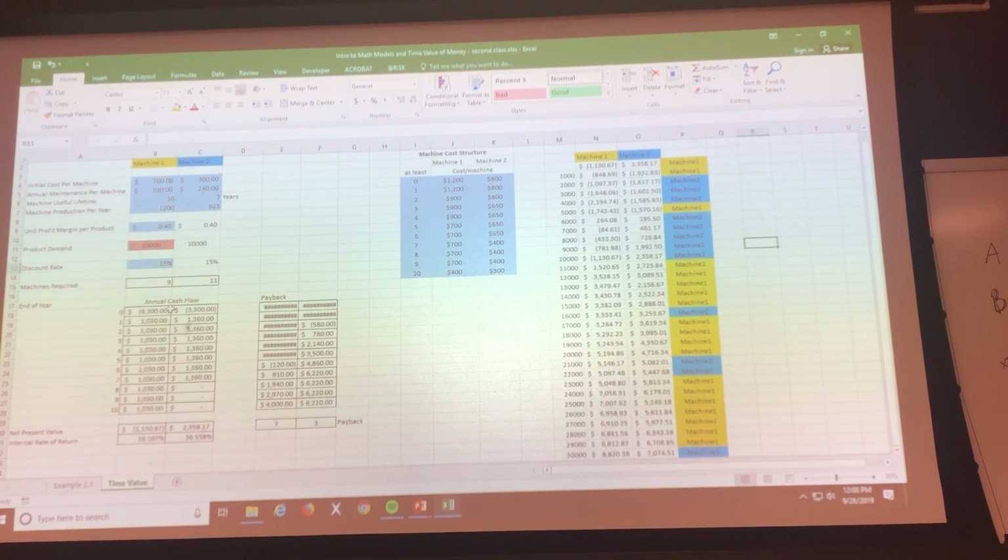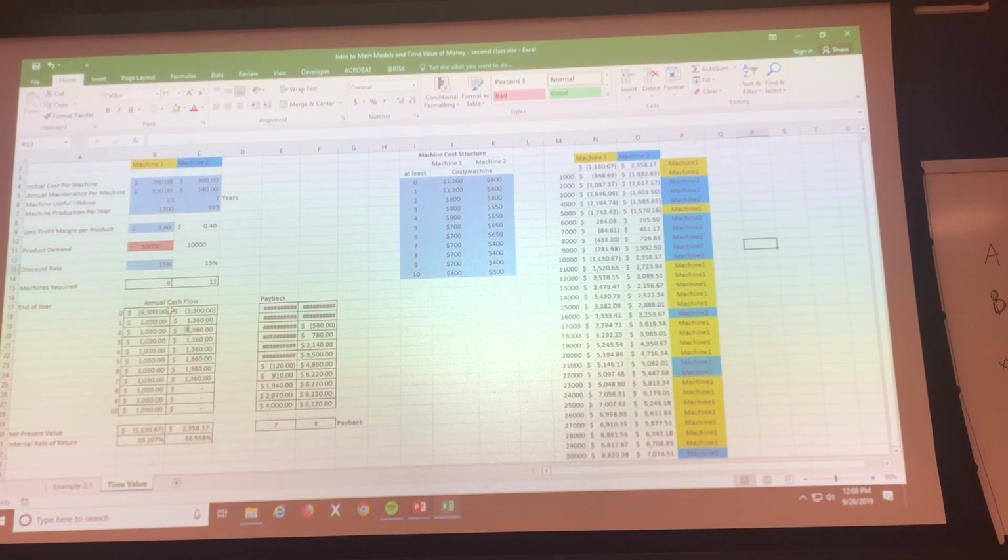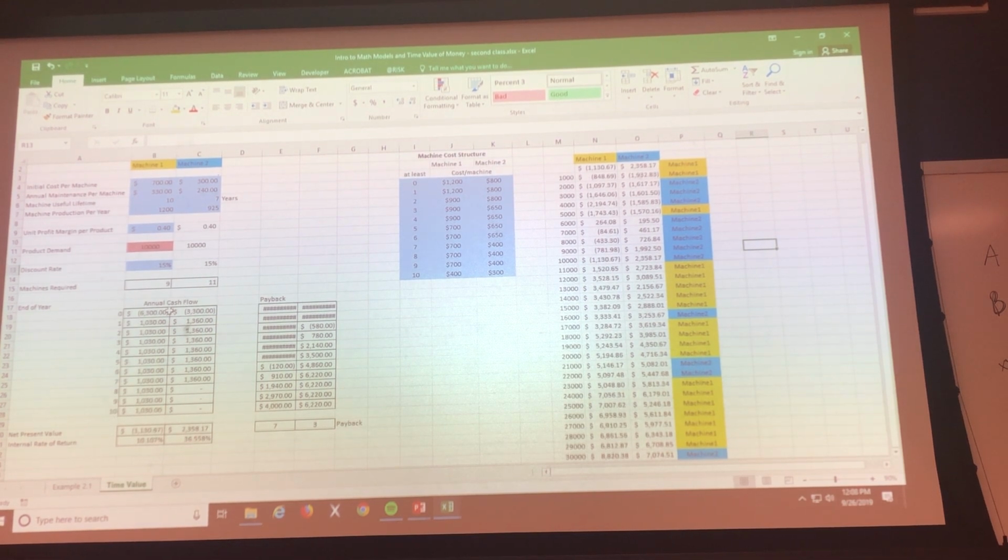What if when we divided it, it was 9.9 and we rounded to 10? There's a whole lot less excess capacity in that situation than in this one, where we have a lot of excess capacity. We only needed 8 1/3 machines, but we had to buy 9 machines.